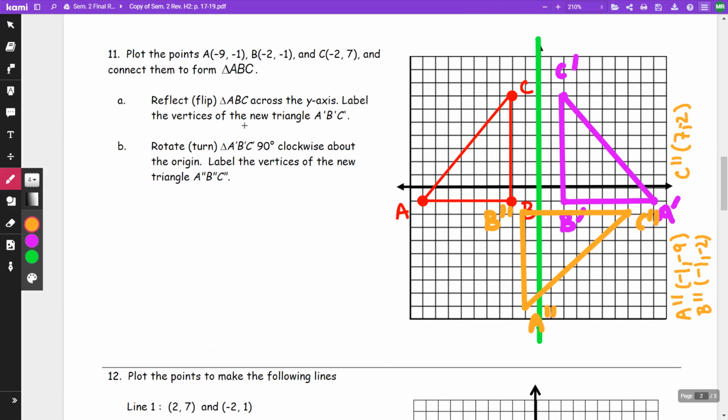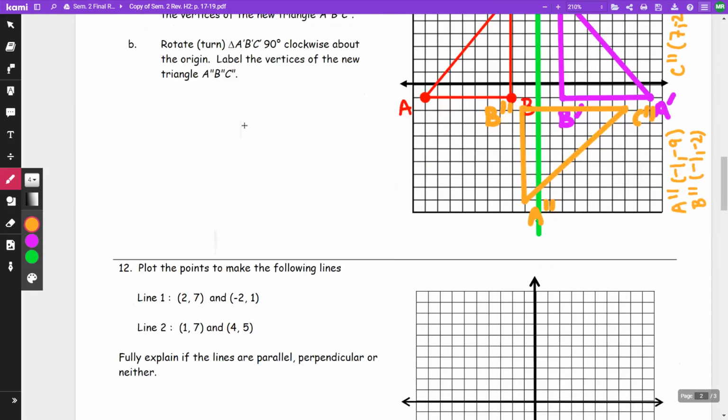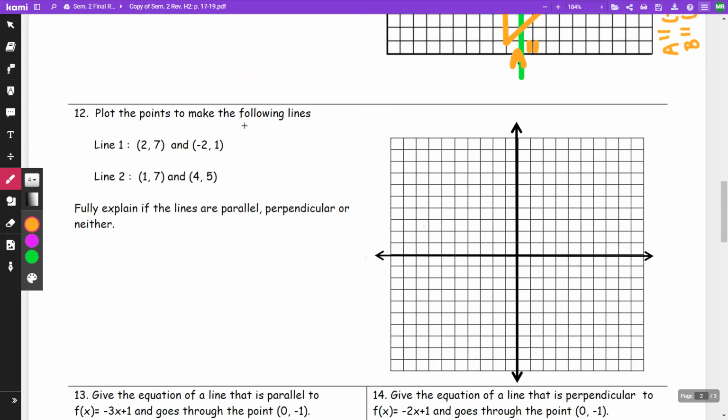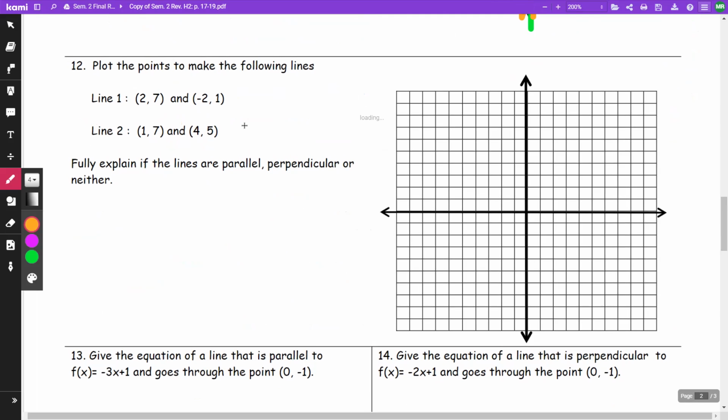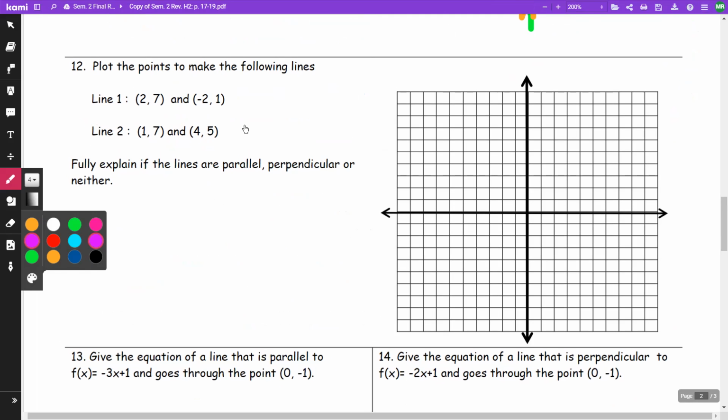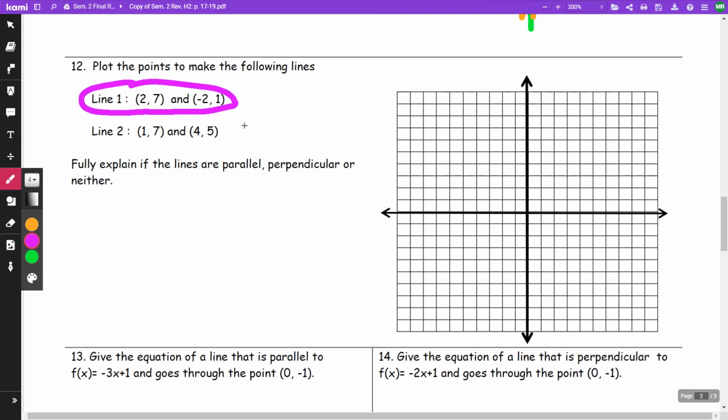Now, for number 12, plot the points and make these lines. So I'm going to do this line in purple. So I am going to go to 2, 7, 1, 2, 3, 4, 5, 6, 7, and -2, 1. So -2, 1. And I'm going to draw that line.